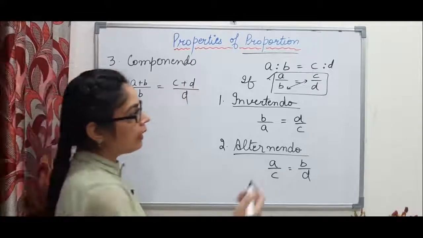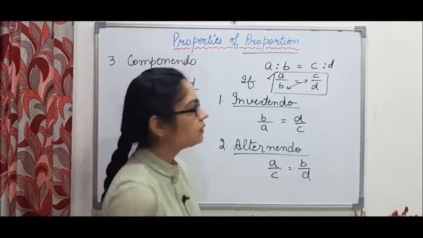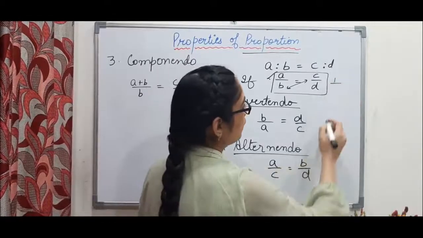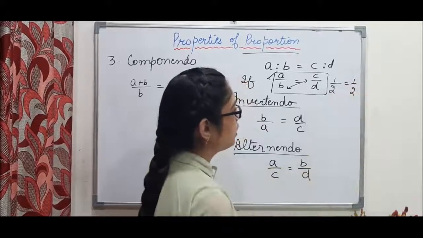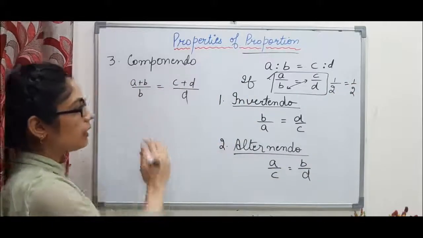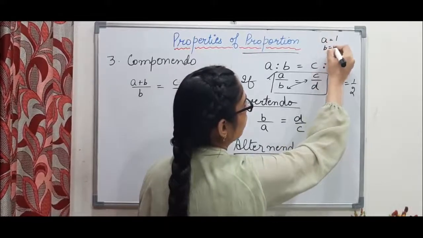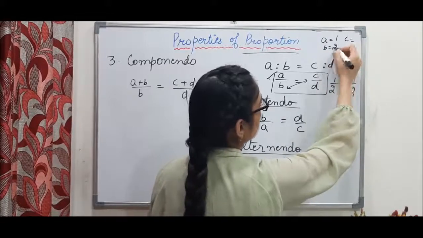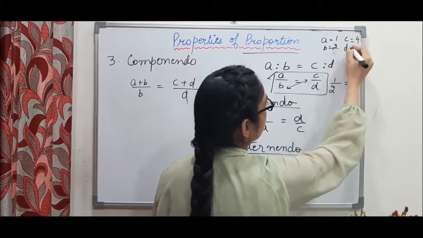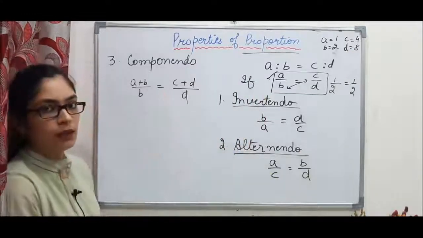We know A by B is equal to C by D, and as per the example, 1 by 2 is equal to 1 by 2. Now let's check A plus B. A is 1, B is 2, C is 4 and D is 8.